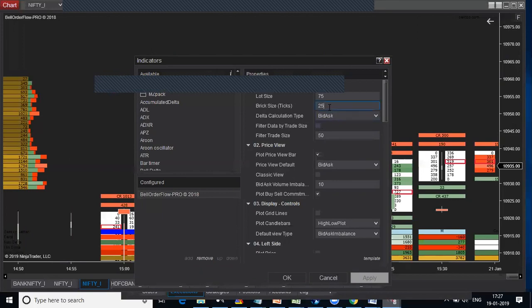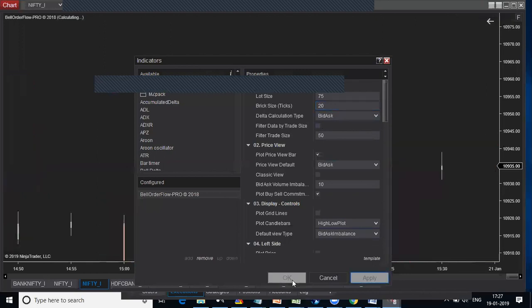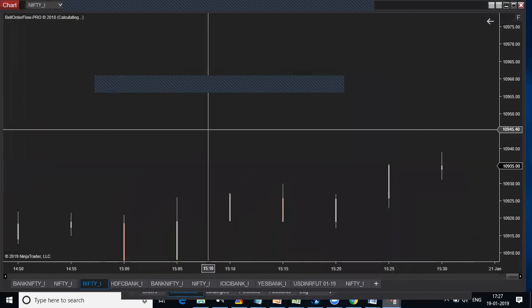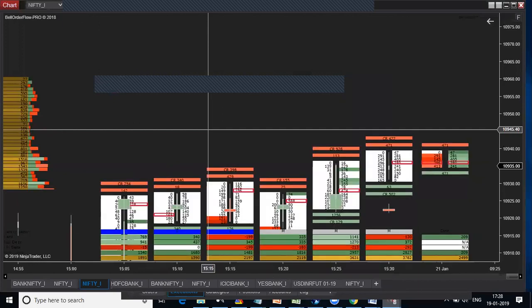So let's say my TPO size is 20. Then I use 8 times the range bars. So 20 into 8 is 160. I'll prefer using 160 range. If it is 25, then you have to multiply by 8. You'll get 200. So each and every 8 bar range creates a new candle. Unless that 8 bar range is broken, it will not create any further candle at all.